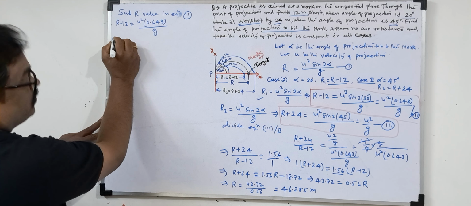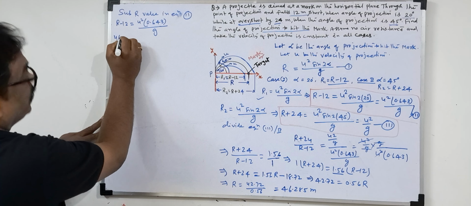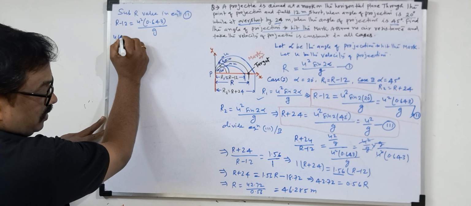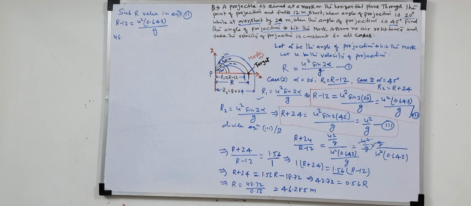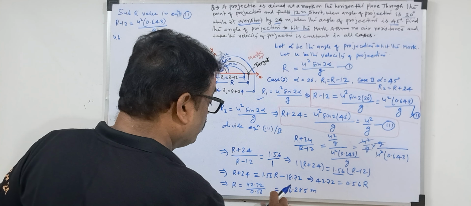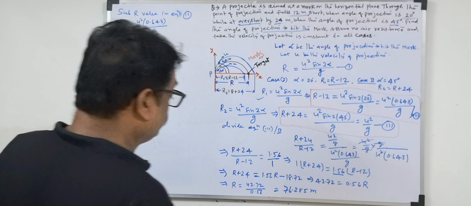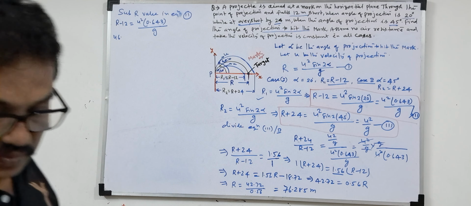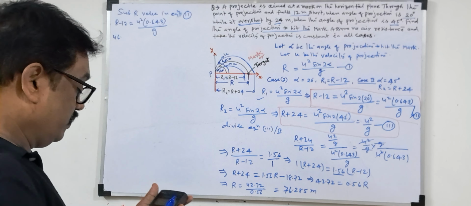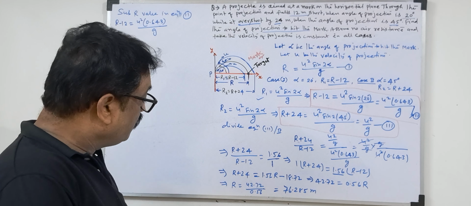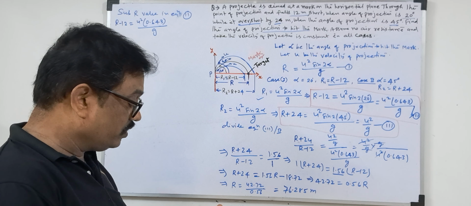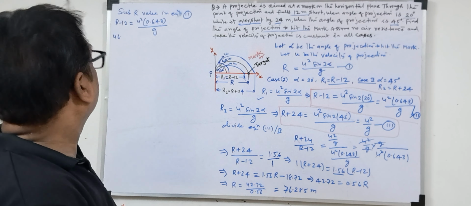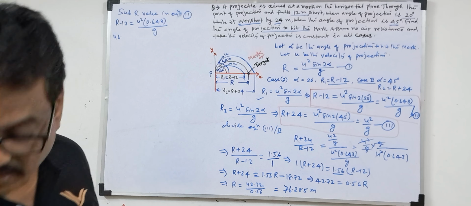So what is the R value? 42.72 divided by 0.56, so the R value is coming 76.285, correct.